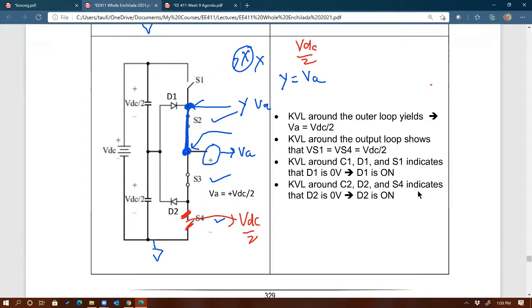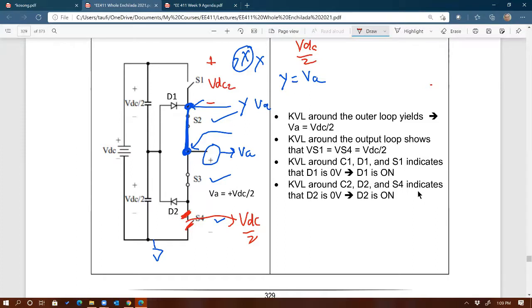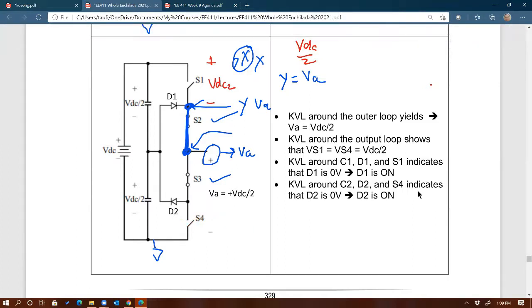If this is also plus VDC over 2, then guess what the voltage is from VA to ground?